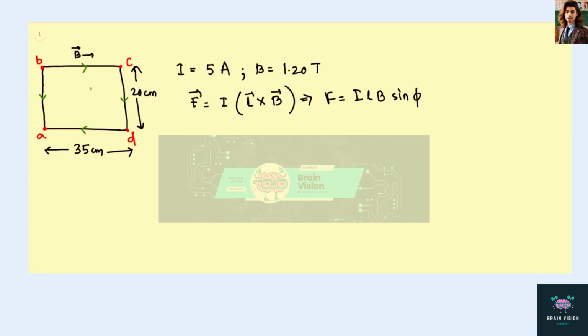So here let's mark the force now. For these two segments the force is 0, and over here the magnetic field is along this direction as you see from here. So current is clockwise.